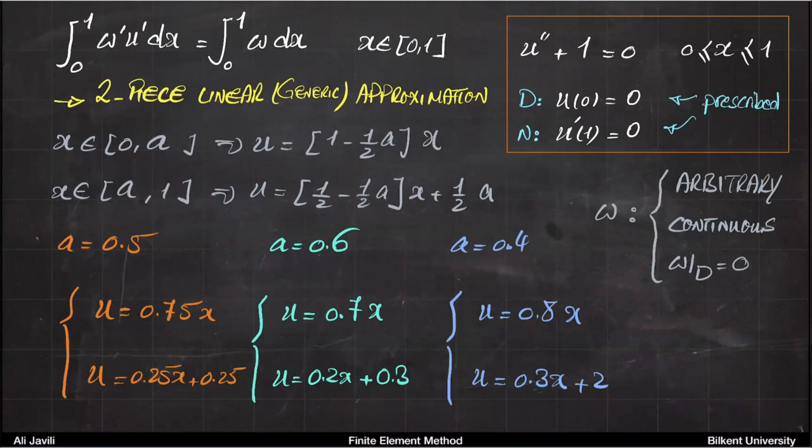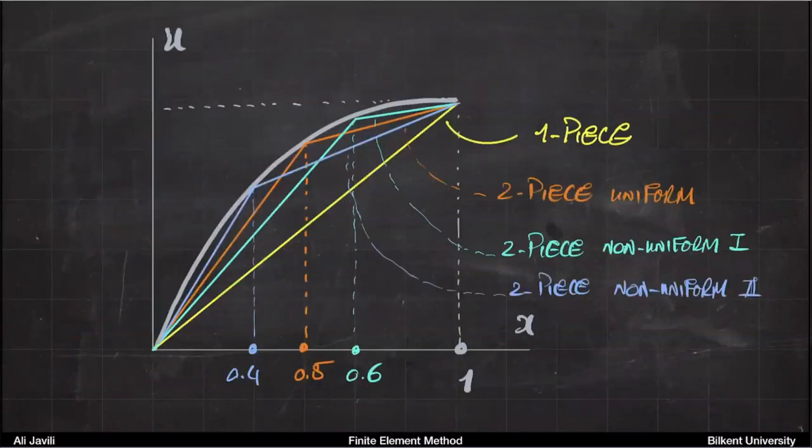Before I go to the next part, which is a three-piece linear approximation, I just want to come back to the picture we had and give you a different view on this. I don't go into details, but I think there is something you should have in mind when you do the finite element method.